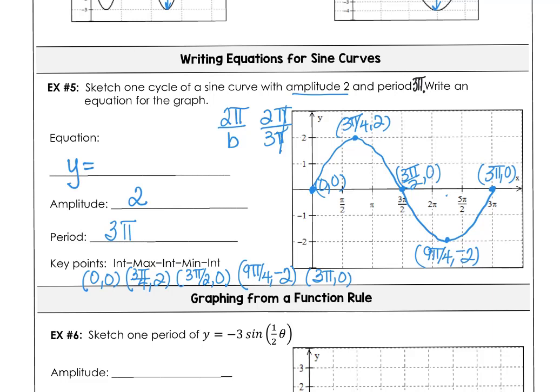The equation would be a times the sine of bx. So 2 sine 2/3 x. Now you can get your calculator and check on that graph to make sure it looks like our picture here. And when you're satisfied, you can move on.